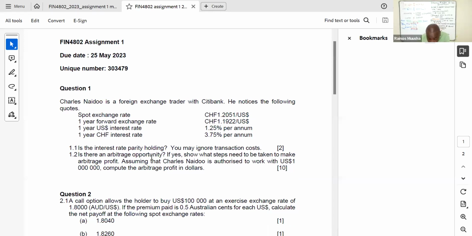That was the first part of the question. And if yes, show what steps need to be taken to make the arbitrage profit as well, and to work with this amount as well, right?